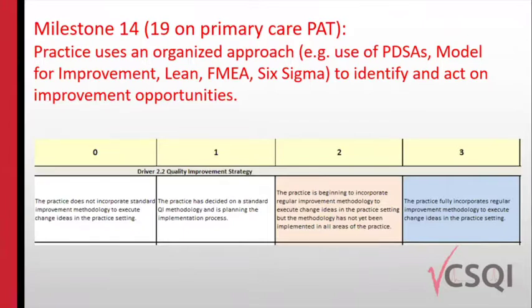And a score of a 3 would indicate that the practice fully has incorporated this methodology into practice, and we are habitually executing change ideas in the practice setting. A score of a 3 would indicate that the practice is in the habit of continuous improvement. We see something, we have a way of fixing it, we're all on the same page for how we do it, and that should be what all practices are working toward. So let's take a look at some examples on the slides to come.